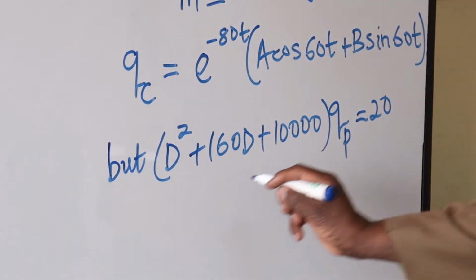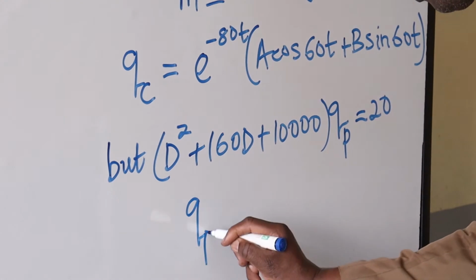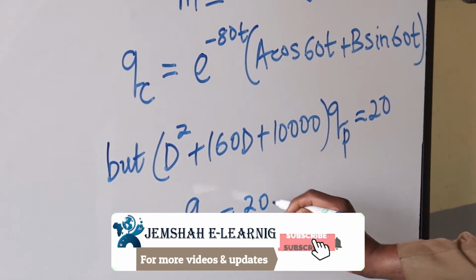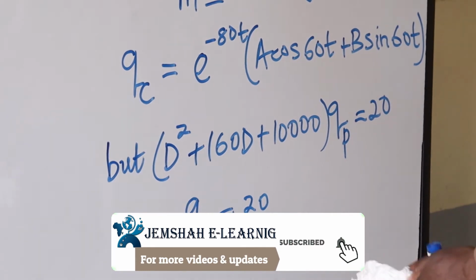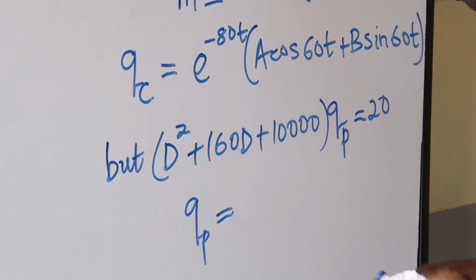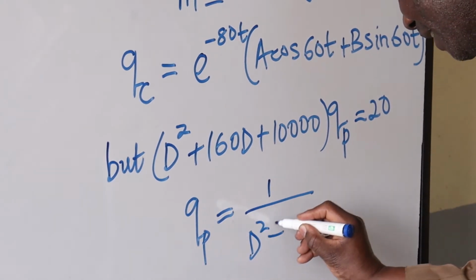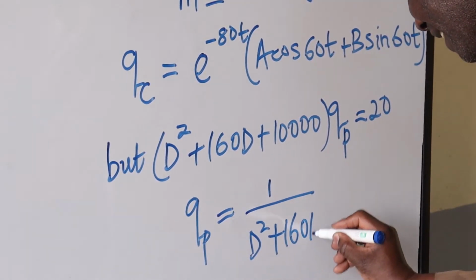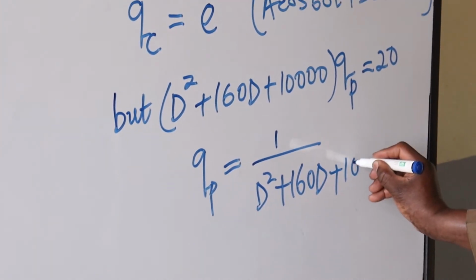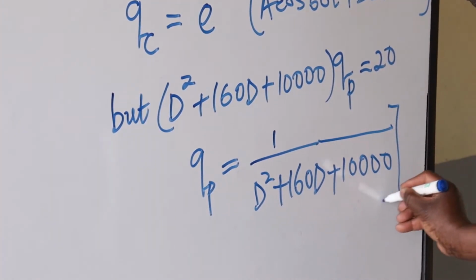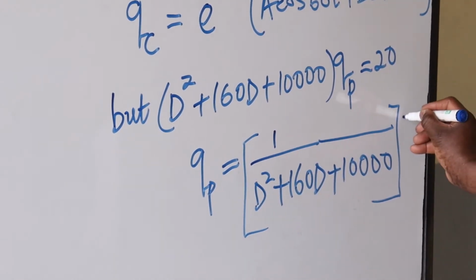So from this, our QP is equal to 1 all over d squared plus 160d plus 10,000, the whole of this acting on 20.